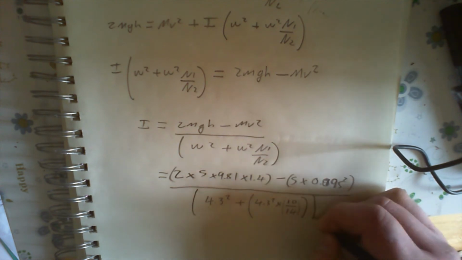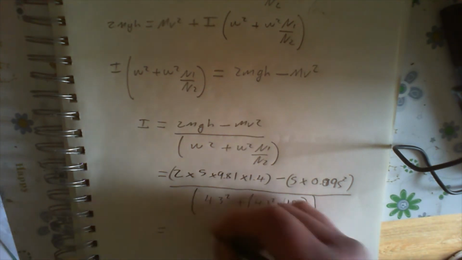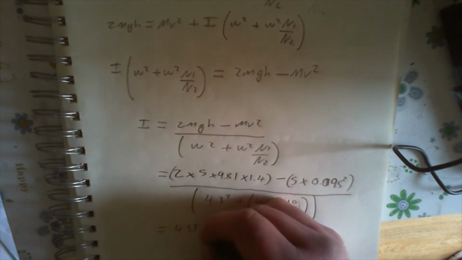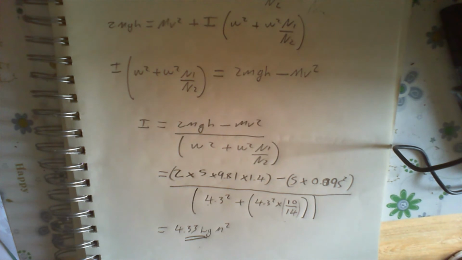Oh, I hate a bracket. Right, and that all works out at 4.3 kilograms per meter squared. Cool.